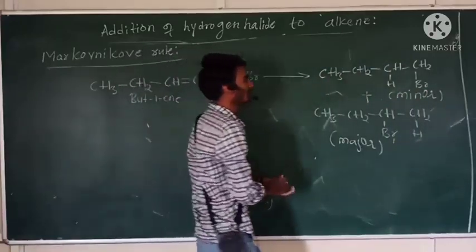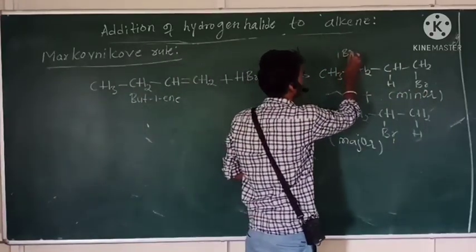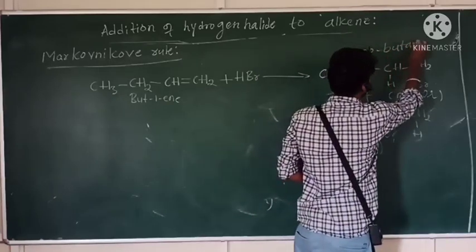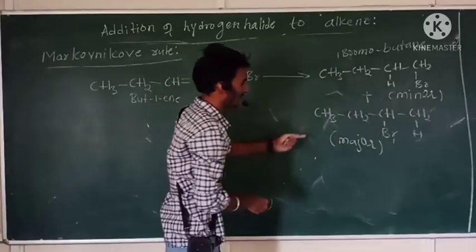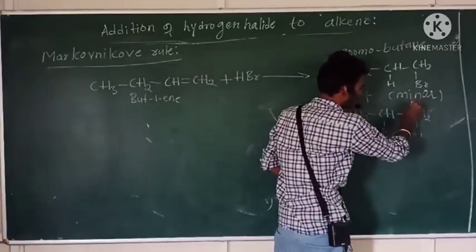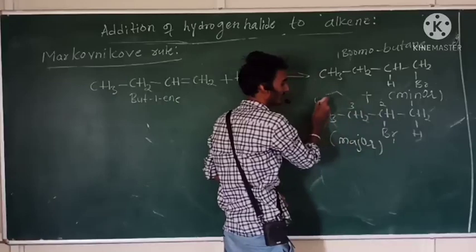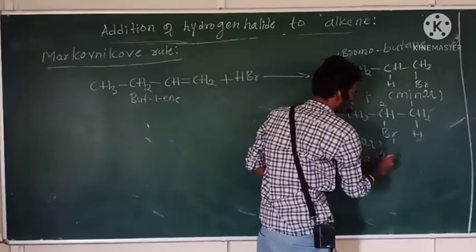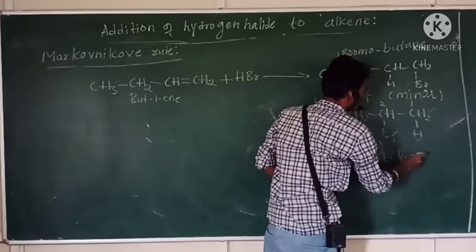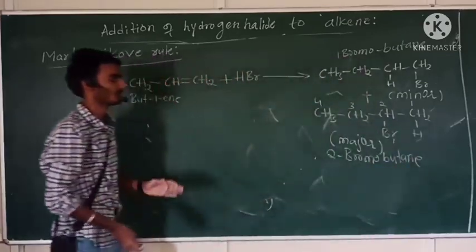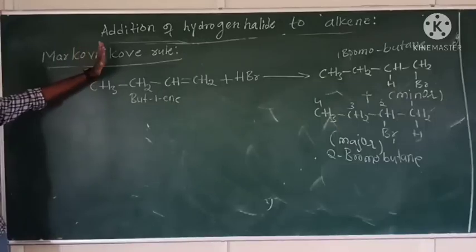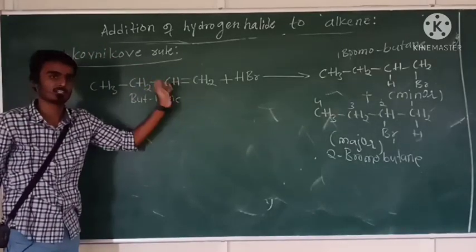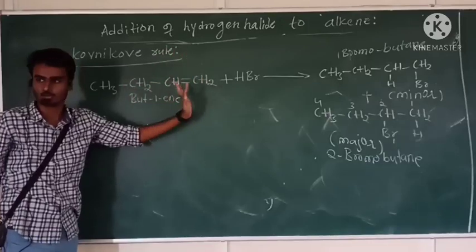The name of this compound is 1-bromobutane. For the other, numbering goes to the substituent, 1, 2, 3, so 2-bromobutane. So this is Markovnikov's addition of hydrogen halide to unsymmetrical alkenes in the absence of peroxide. This is Markovnikov's rule.